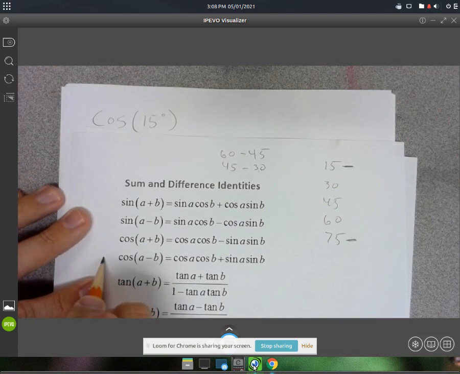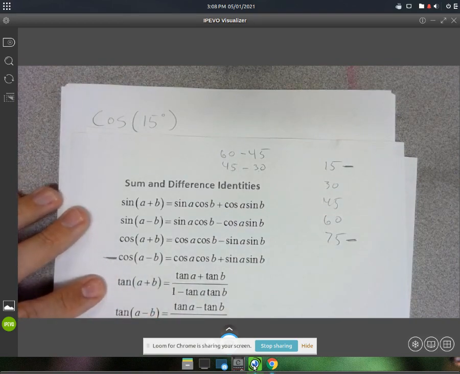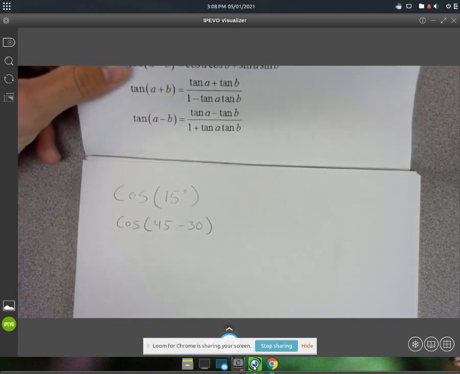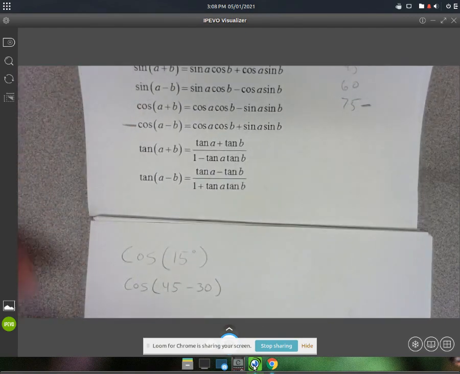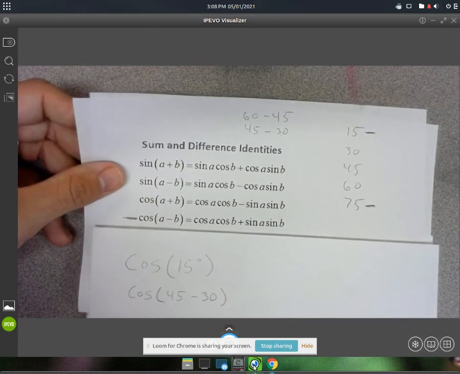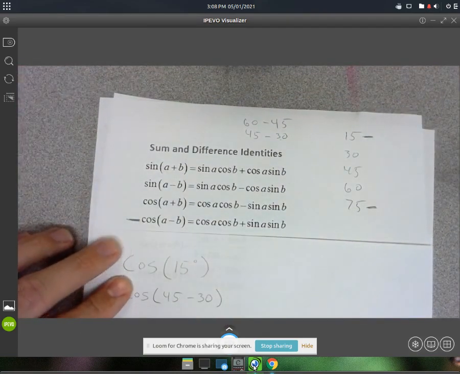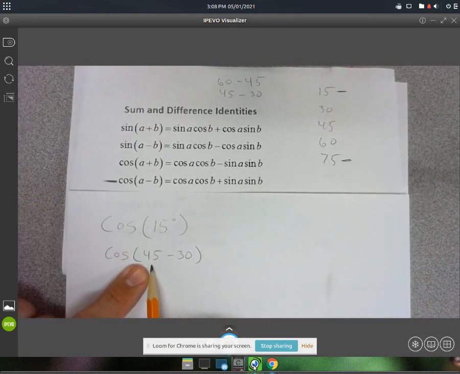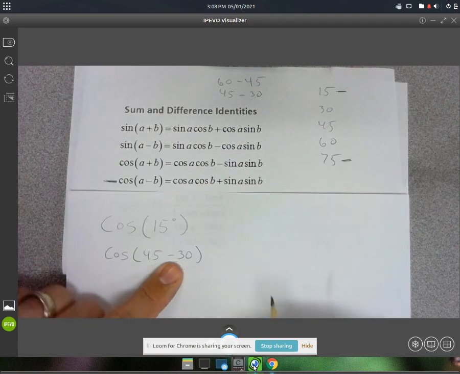All right, so I'll be using this formula right here. And everything just gets plugged in just like you would think it does. It's pretty straightforward. A is going to be my 45, and B is going to be my 30.